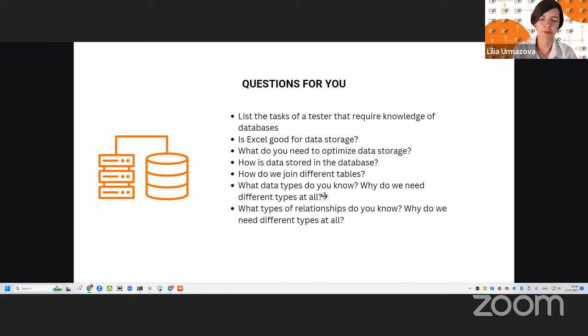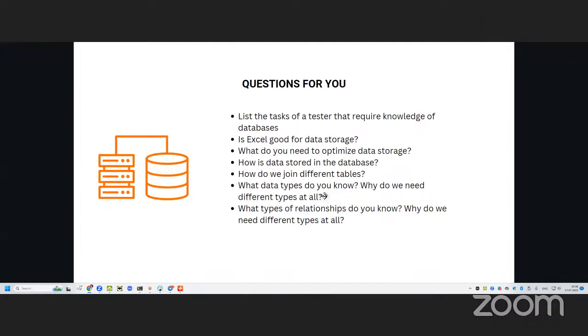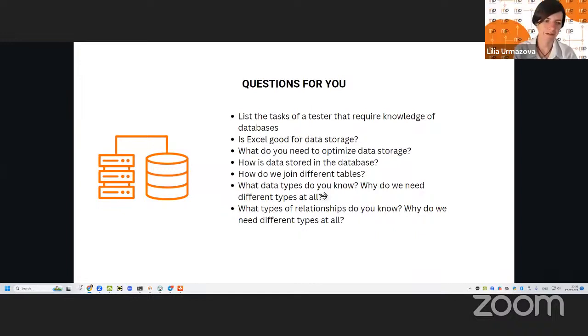Okay, let's start from the second question. Why do we need different data types? To describe different objects. For example, to save memory, maybe. Save memory, yes. Excellent. And for convenience. To normalize our database. Normalize the database, yes. It's not normalization, but this is a kind of optimization.